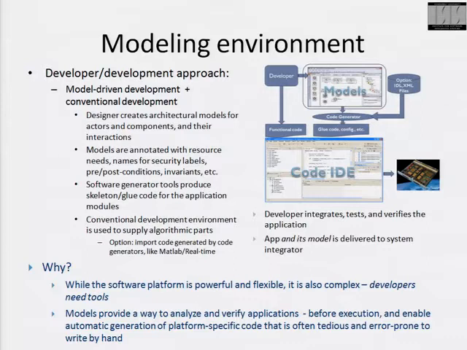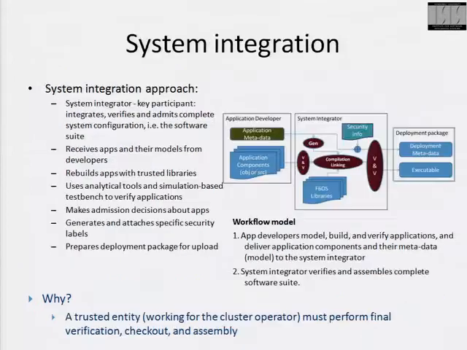The rationale behind this was that the software platform is flexible, it's powerful, but developers are going to need tools to use it. And we're going to need a way to analyze these resource requirements, especially of actors, and the security requirements as well. So we have a label checking library integrated into the modeling environment to do static checks on that, to check at design time that the labels are compatible as well.